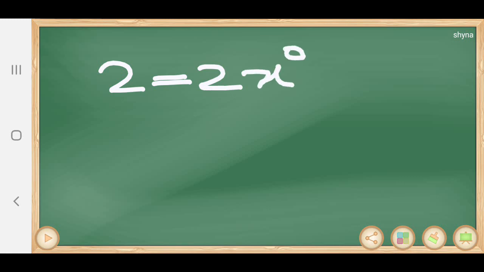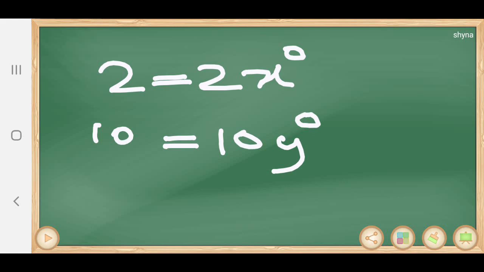Degree of the constant polynomial equals 0.